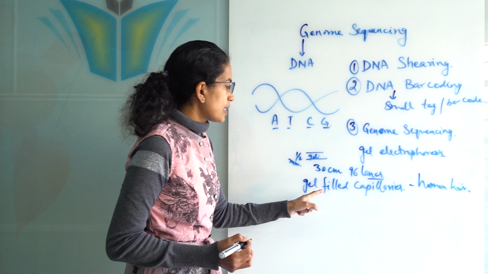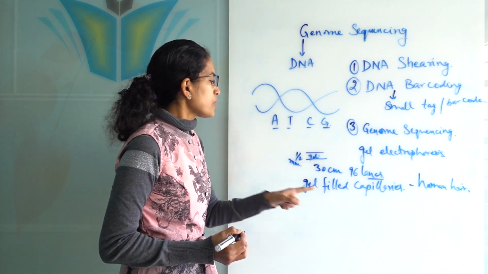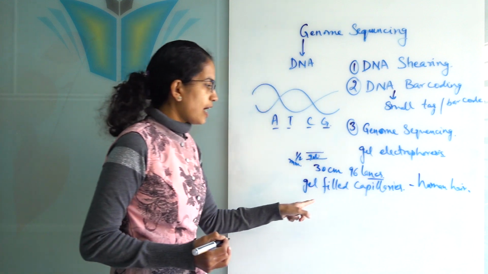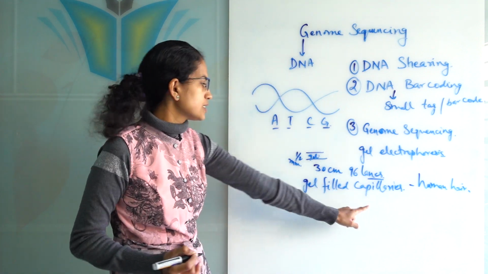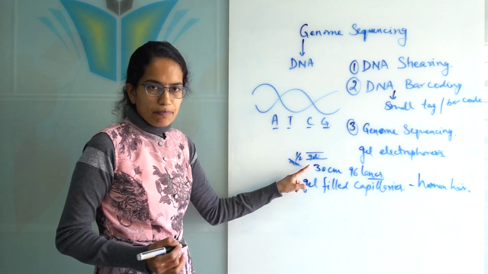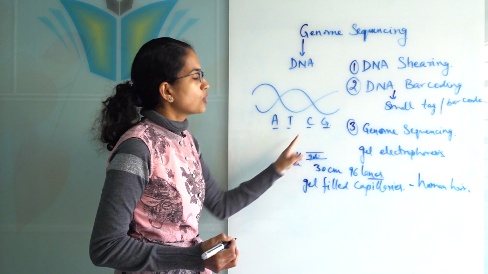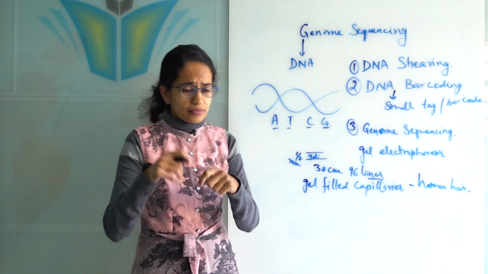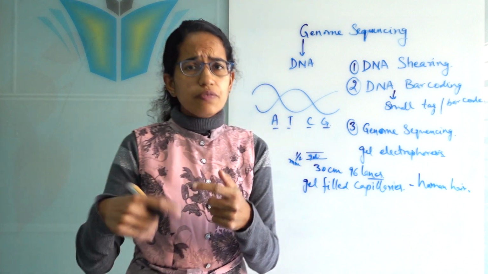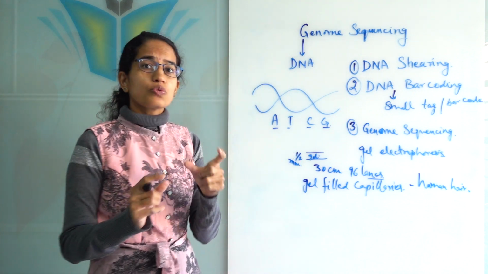So they can go through either the slab-based gel or the gel-filled capillaries. However, studies have revealed that capillaries work twice as fast as the slab-based technique, and this is how the sequencing process occurs.